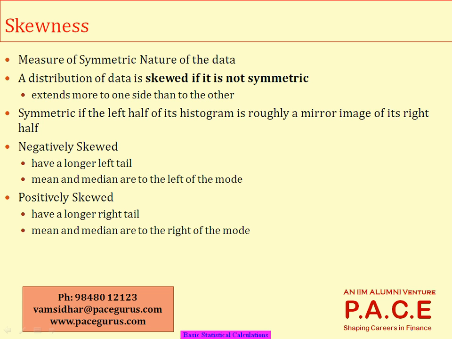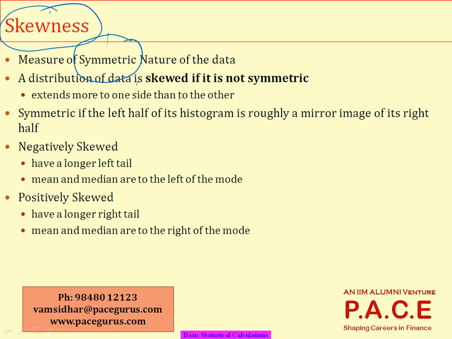Then there is one concept with respect to the mean, median, mode. The moment for a particular data set I look at the mean, median and mode, it gives me an indication of what is called skewness in the data. Skewness is a measure of symmetricity in the data.